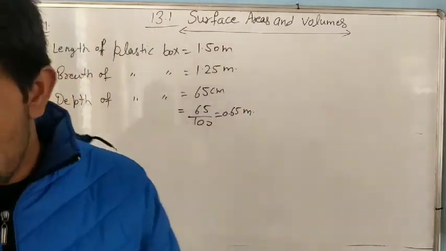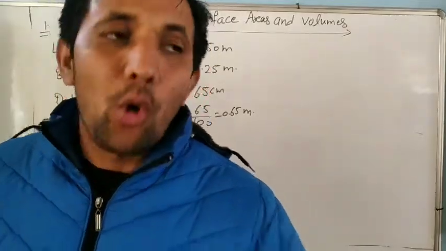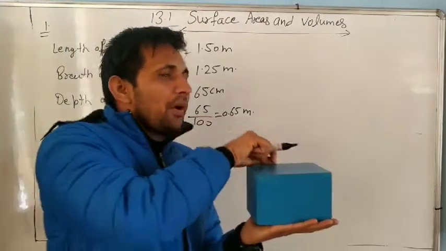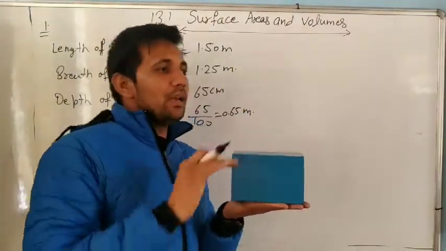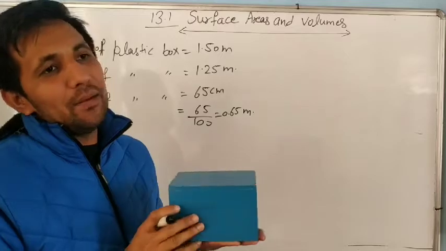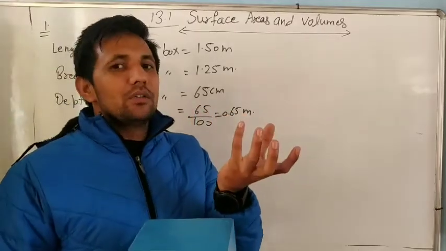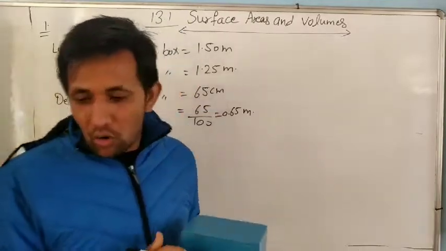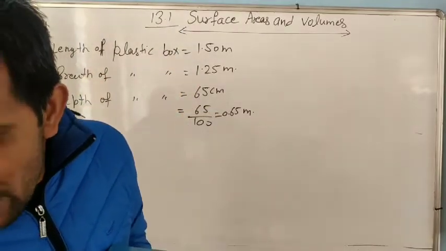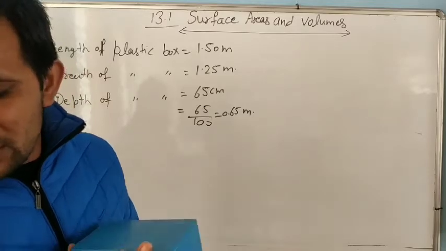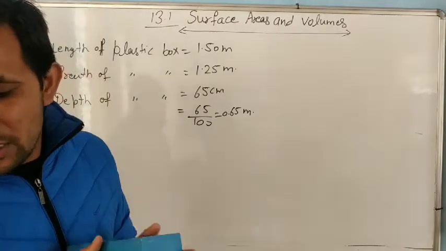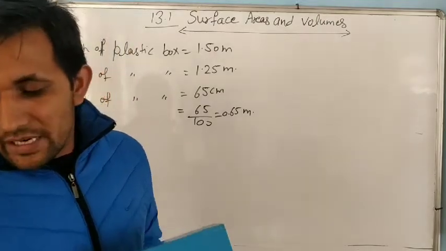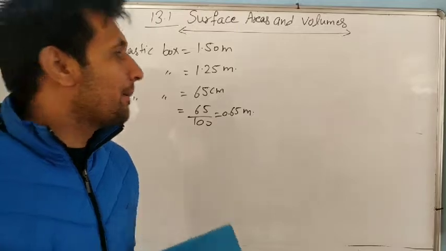Next in the question it is given, it is open at the top. This is a box and it is open at the top, so it means it is open from the top. It's like a cuboid which is open at the top, and it is given: ignoring the thickness of the plastic box, determine the area of sheet required for making the box.